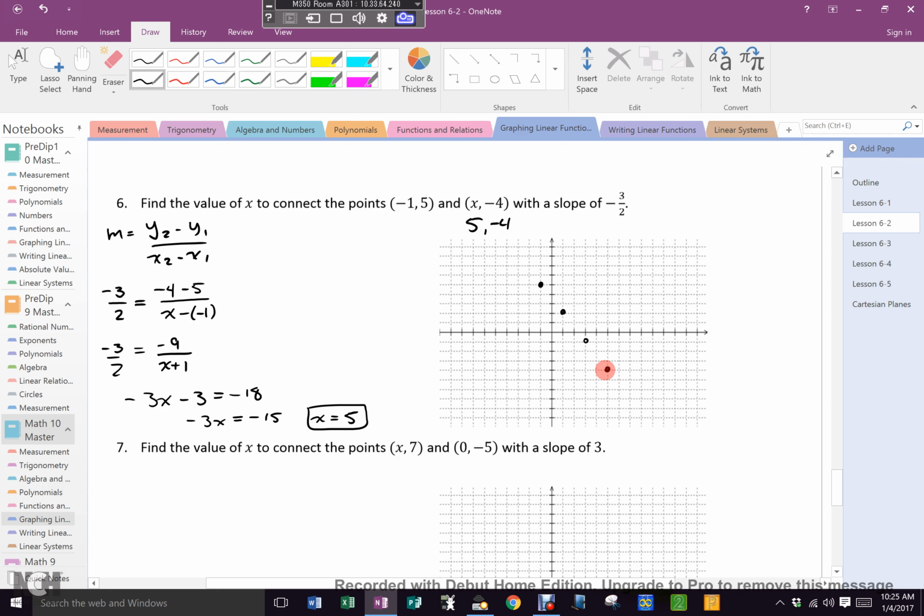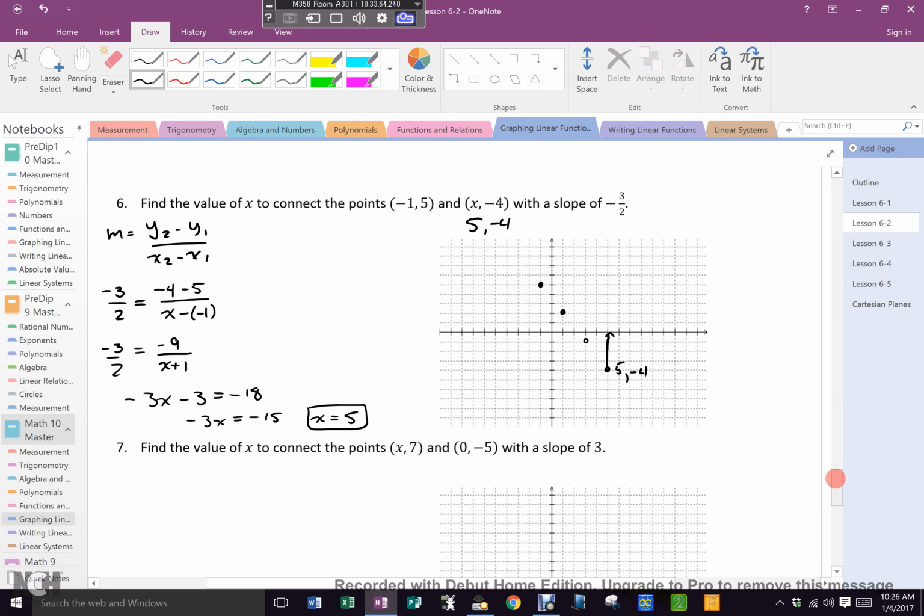There's my point right there where y is negative 4. What's the x? 1, 2, 3, 4, 5. Oh my good gravy, we did it right. Without ever going to a graph, we used math. Cool? Everybody good?